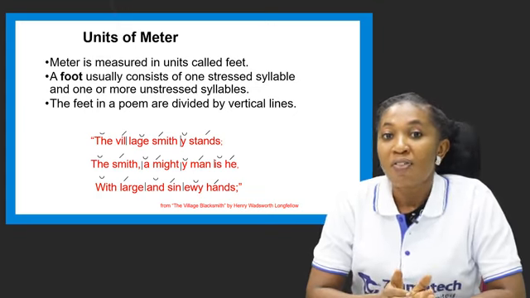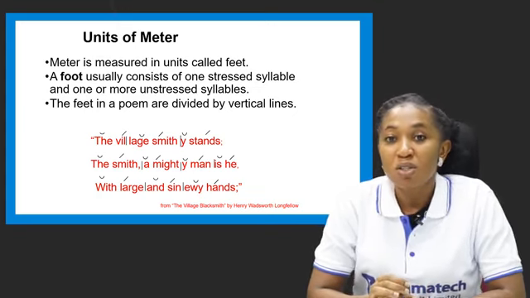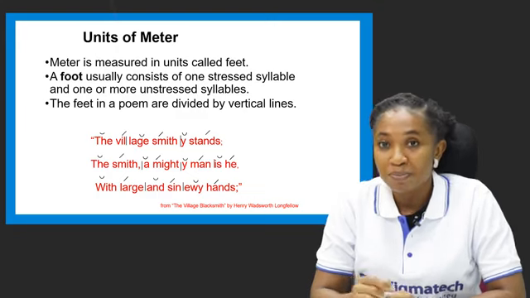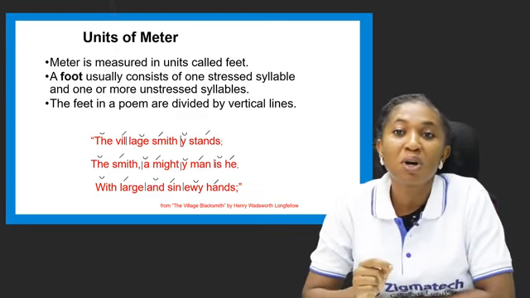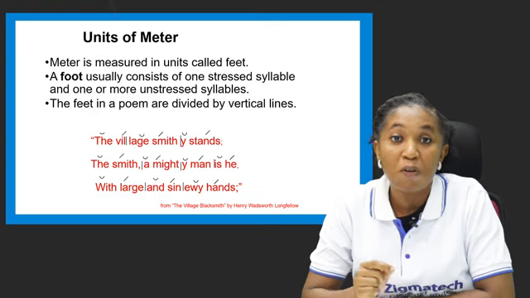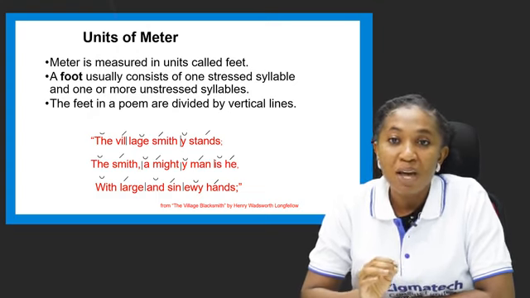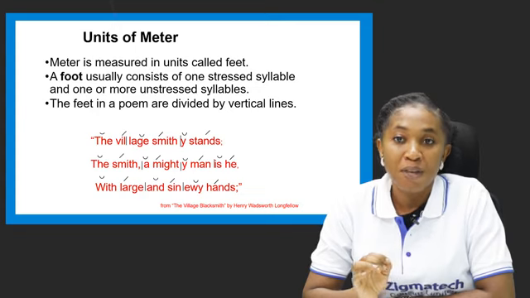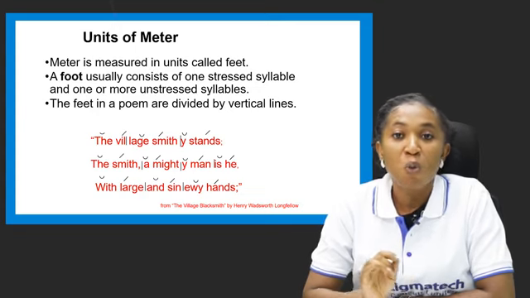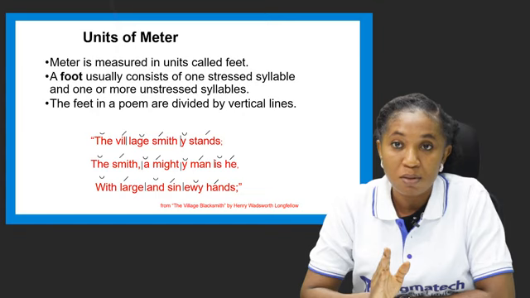So this pattern gives us a rhythm. Now, how do we measure, how do we call foot or feet? The pattern, look at this, we have the and vil. These two form what we call a foot.